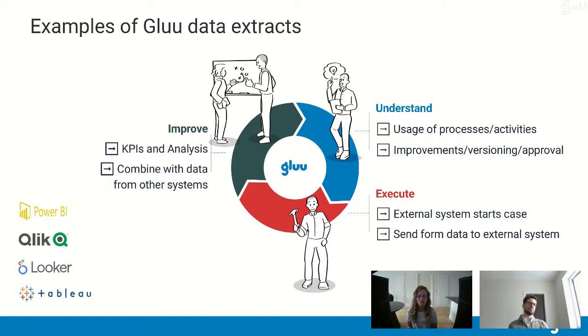But some of the things that you can use the data for in Power BI or get an overview of, because that's usually what you're looking for when you're working with data. If we look at the understand part of Glue, something that could be interesting is maybe to monitor your users, how they use your processes, which activities they use the most, which work instruction is most sought after.